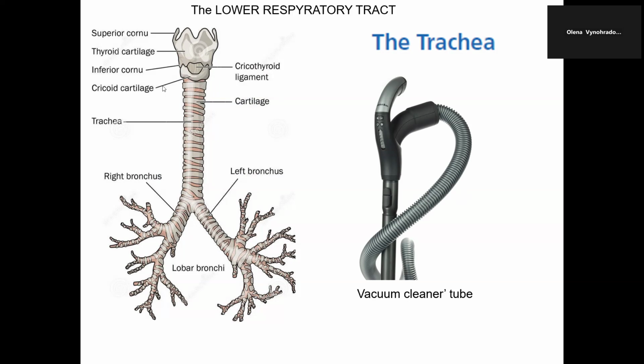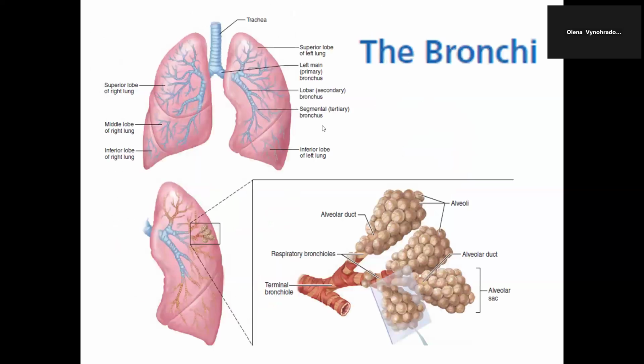Why? Because they create for us a strong tube that saves its shape, but at the same time this tube is elastic and we can move our neck without stopping our breathing.